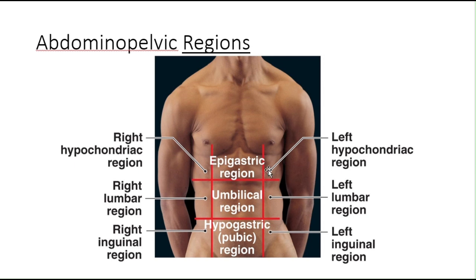So we have 9 regions: right hypochondriac, left hypochondriac, right lumbar region or flank, left lumbar region or flank, right inguinal region, left inguinal region, epigastric, umbilical, and hypogastric.